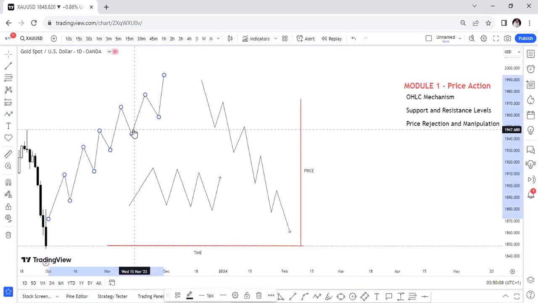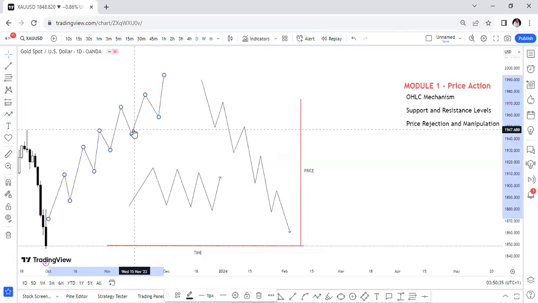Price action follows the principle of market price moving up, moving down, or moving sideways.